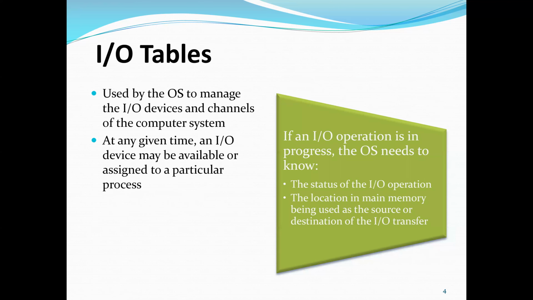If an I/O operation is in progress, then the operating system needs to know the status of the I/O operation and the location in main memory being used as the source or the destination of the I/O transfer. I/O management we are also going to examine in our future lectures.